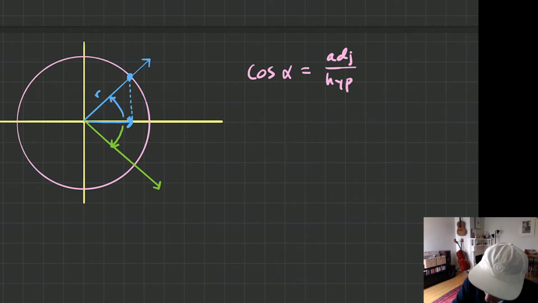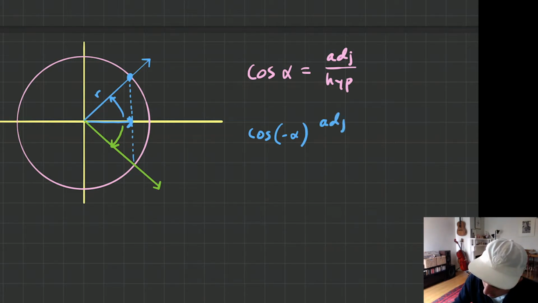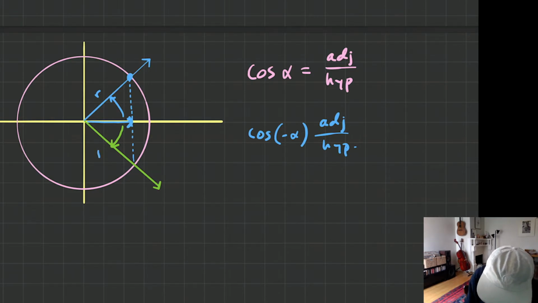And same with the cosine of negative alpha. It's still going to be adjacent over hypotenuse. Here's the interesting thing: the radius is still going to be the same. So the hypotenuse of our right triangle is going to be the same in both cases.